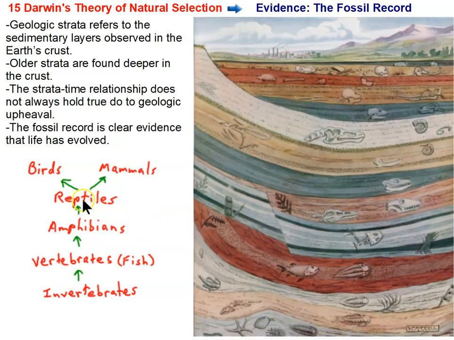And then reptiles give rise to both birds and mammals. So notice that reptiles are branching off here to birds and mammals, represented here by the feathered fossil, and then up here, mammalian skulls, including our own, including humanoid skulls.